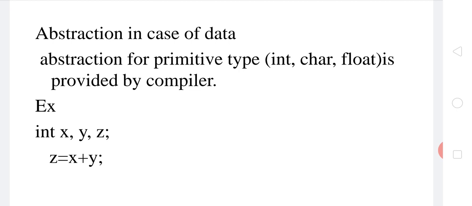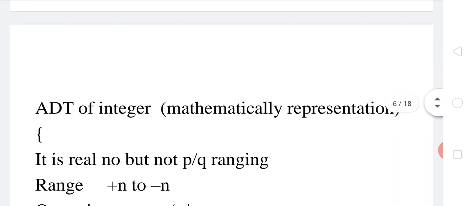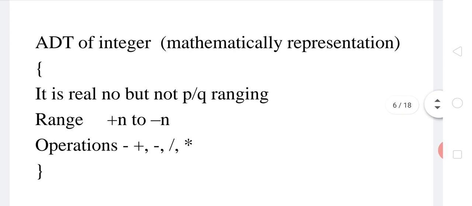Here integer, character, real, float are inbuilt data types, and there is a set of operations associated with them, which forms the ADT, the abstract data type. For example, the ADT of integer means how to create this integer data type.